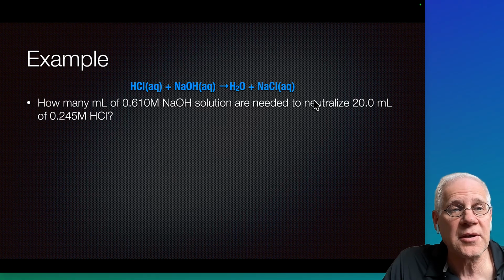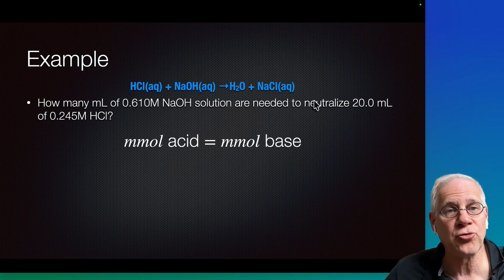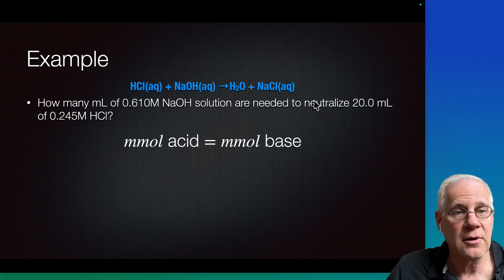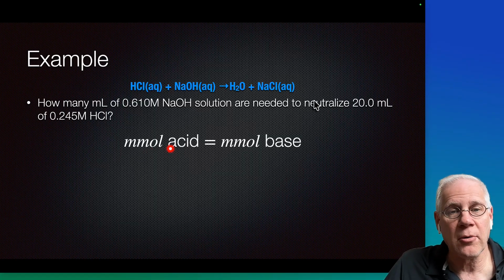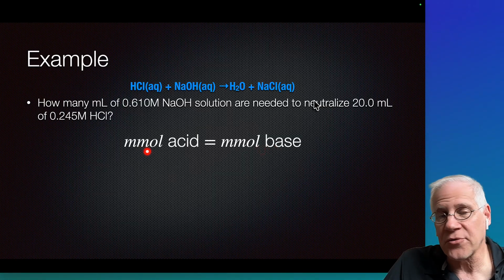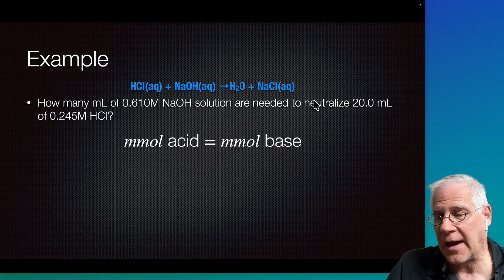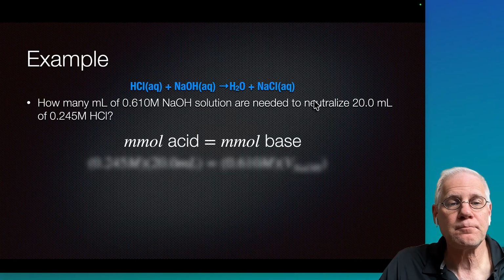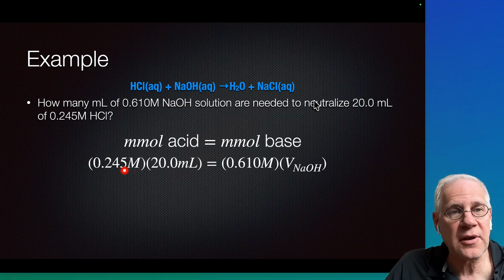So we want to know, what's it going to take to reach our endpoint? How much are we going to need to neutralize the acid, HCl? So we know that at the endpoint, our moles of acid have to equal our moles of added base, or we can also say millimoles of acid equals millimoles of our added base. So to calculate the millimoles of our acid, we can take the molarity times the milliliters.